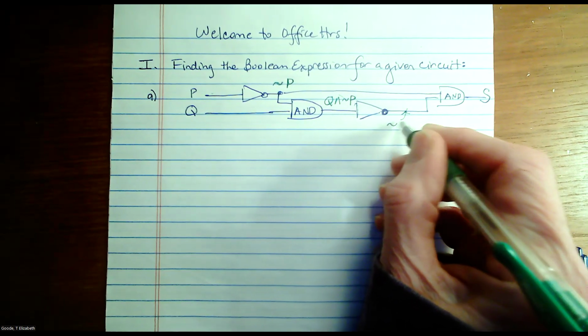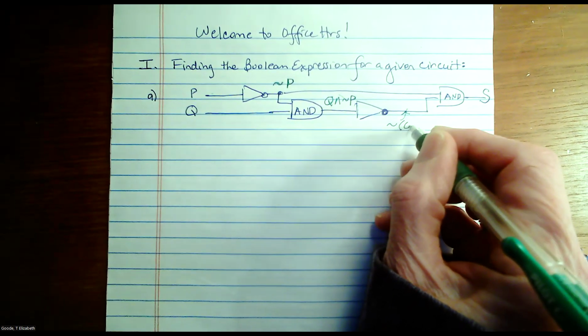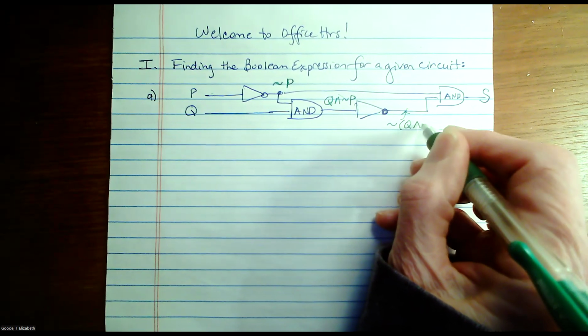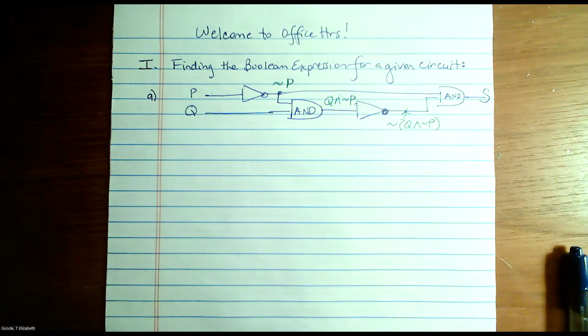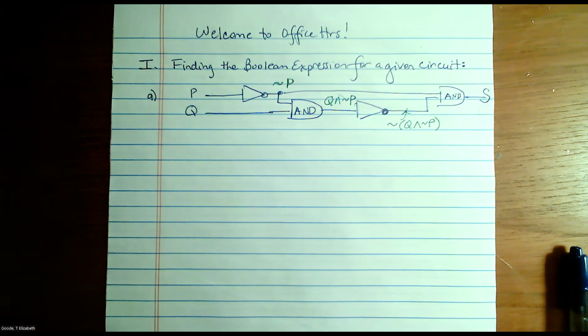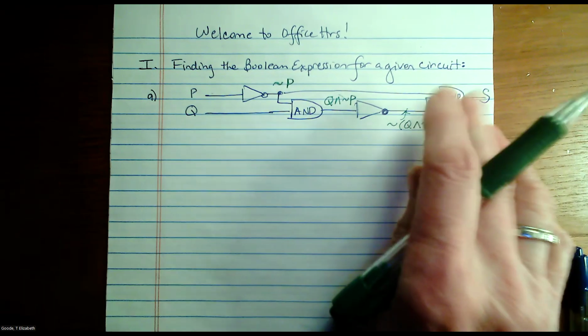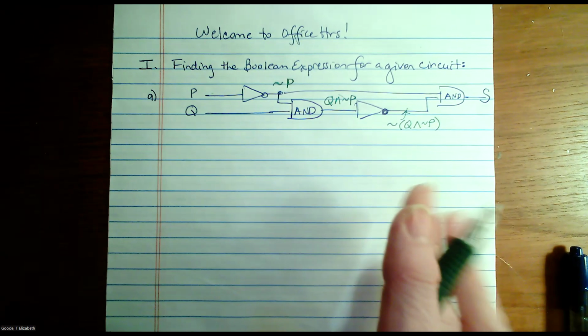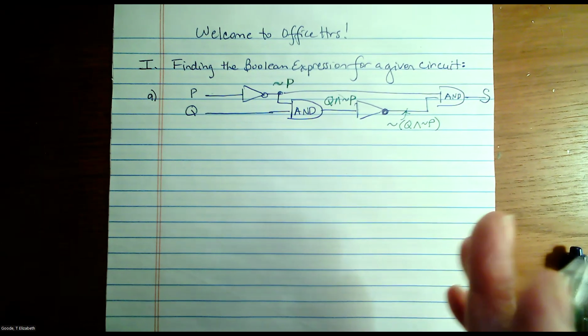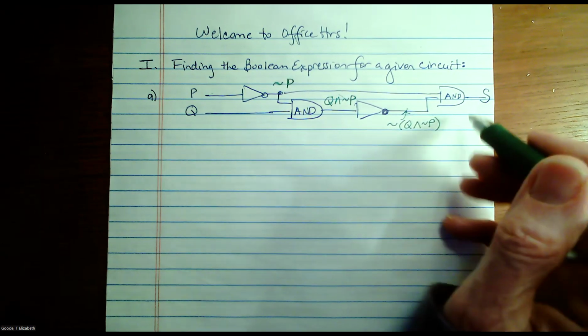It's a NOT in front of Q and not P. We won't bother with De Morgan's law right now because we're trying to read what this circuit actually says. Later, once we get the answer, we could use some laws to get a simplified expression, but then that simplified expression would have a different circuit.